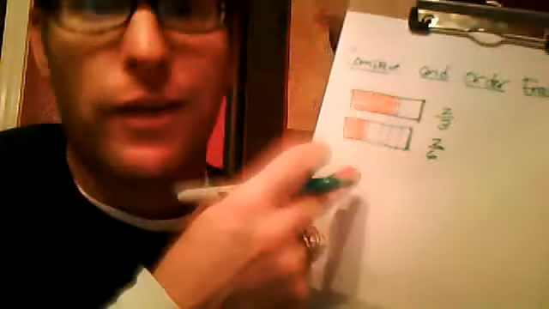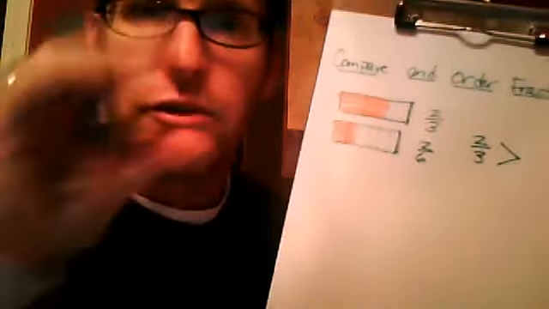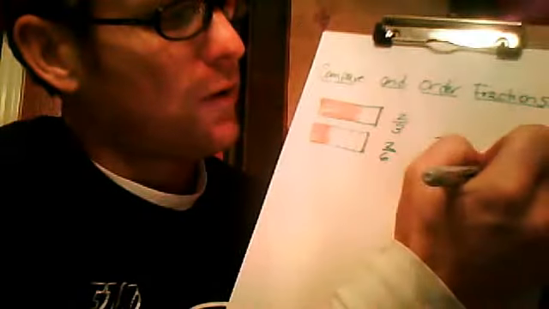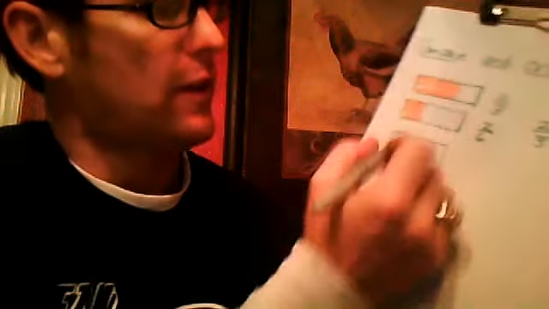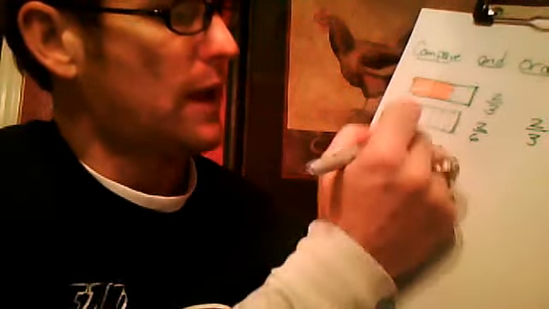So I can write this as a number sentence. 2/3 is greater than, remember my mouth is going to open toward the bigger number, then greater than 2/6. Okay? So that's what we call comparing fractions. Now what if I had one more candy bar, and I'm going to divide it into 8 pieces.